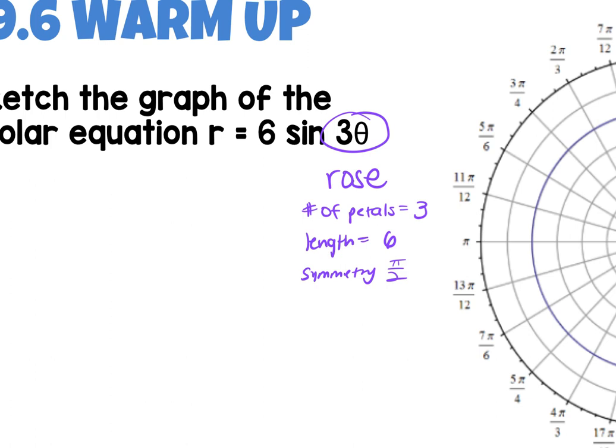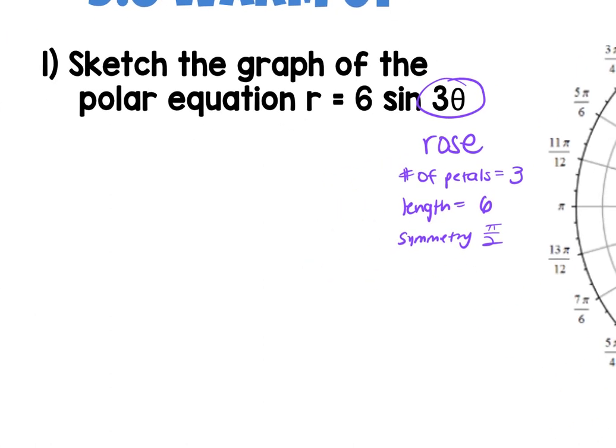So then I'm going to find one of my petals by setting my equation equal to the length that it was given. So 6 equals 6 sine 3 theta. Once you know your length, you set it equal. Then I divide both sides by 6 and get 1 equals sine 3 theta. This is solving equations with multiple angles, which means there's something times theta.